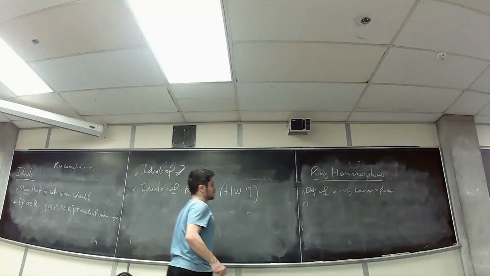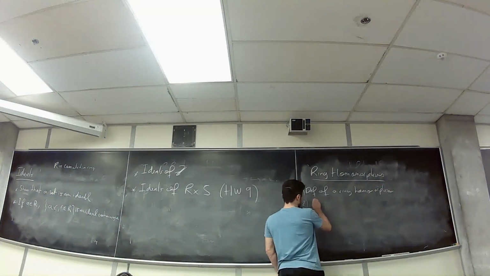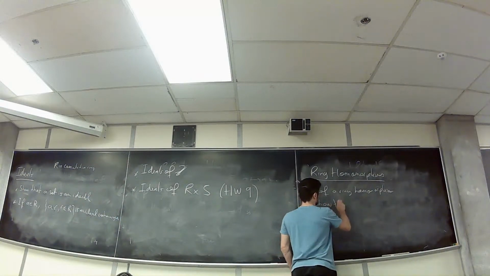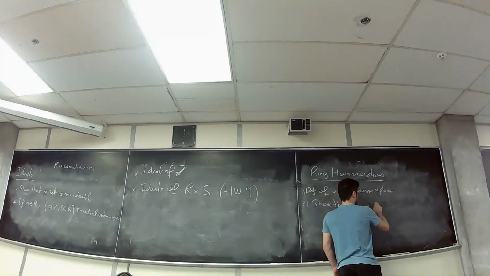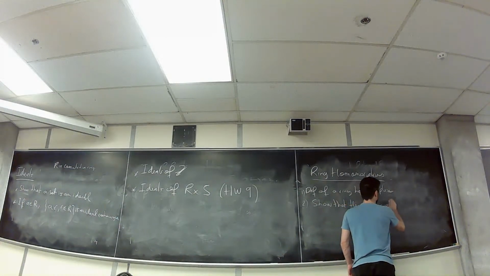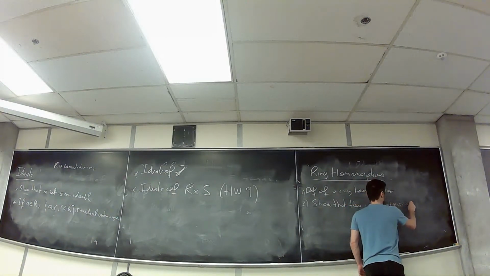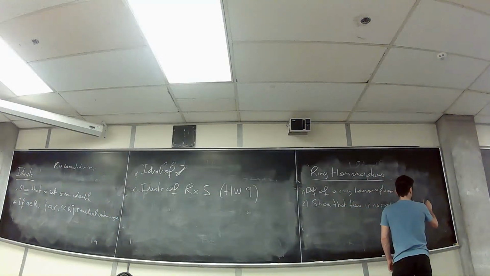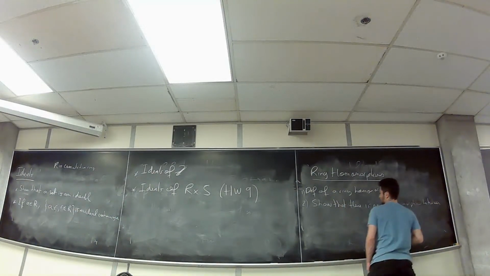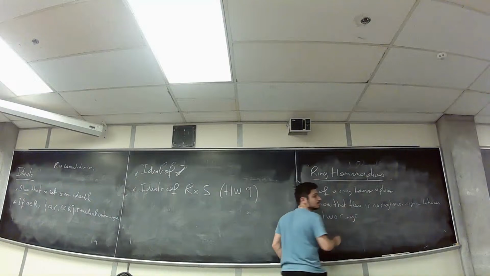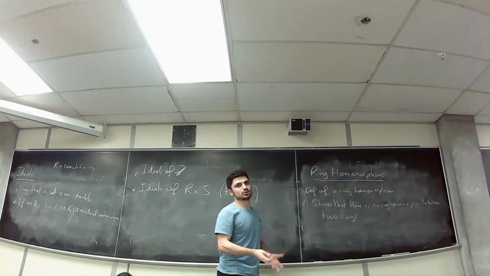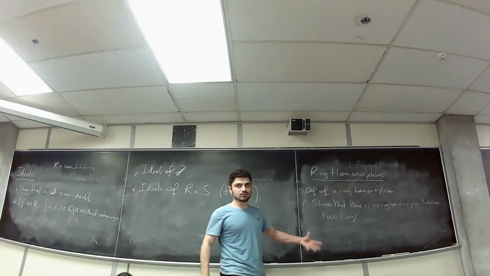2. Prove that there is no ring homomorphism between rings. That also we have to know. If I give you 2 rings and I tell you there is no homomorphism, you have to know how to do it.